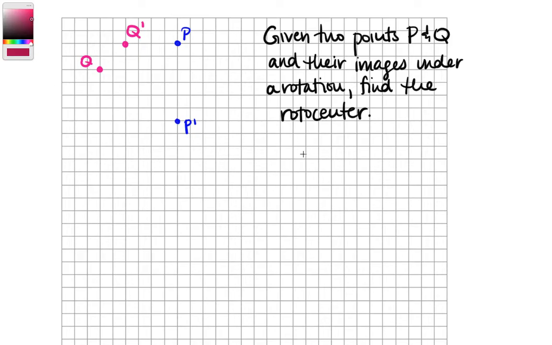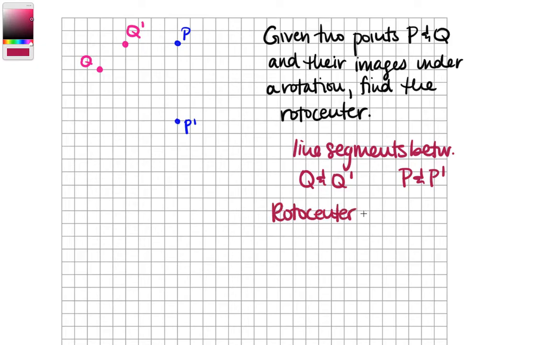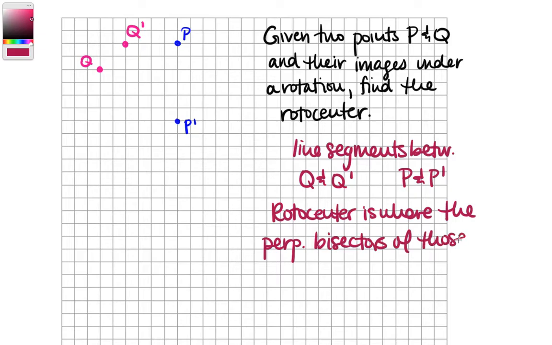So what we're going to do is look at the line segments between Q and Q prime and P and P prime, and the rotocenter is where the perpendicular bisectors of those line segments intersect.